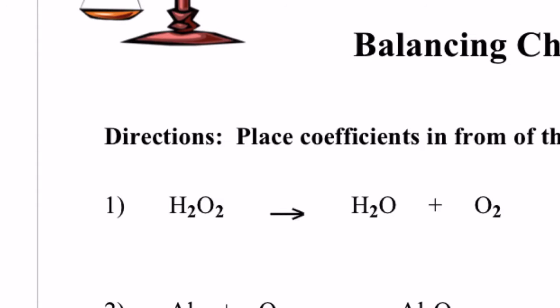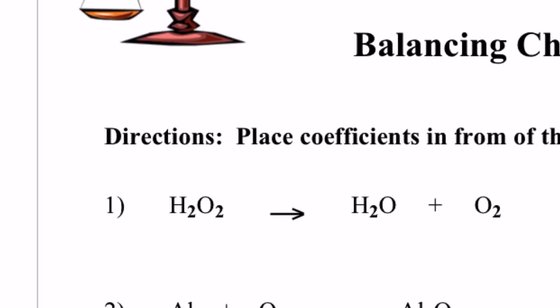Coefficients go in front of the compound to tell you how many of those compounds, how many of those molecules, exist in this reaction. Right now we don't have any showing, so we're going to balance it all out.